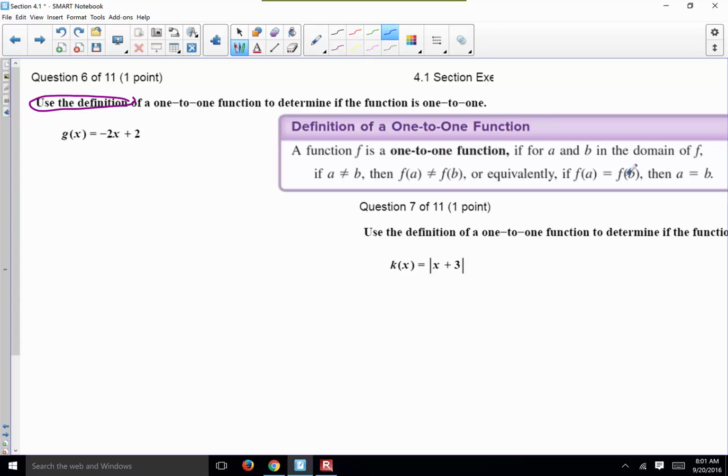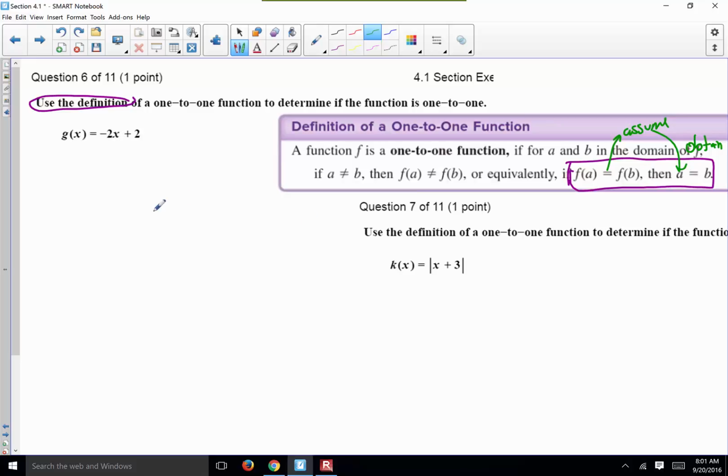Here's the definition. We are using the right side form of proving something one-to-one. You start with this given, and we need to obtain this result. So we always start with setting f of a equal f of b.